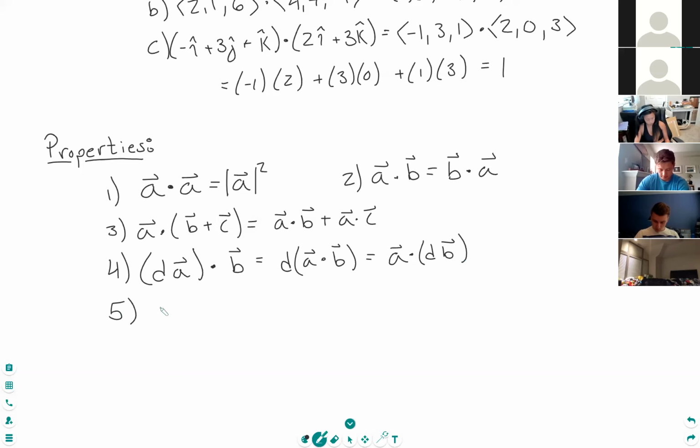And finally, for now, if we have the 0 vector and we dot it with A, we get the 0 vector back. Oh, no, sorry, just the 0 scalar.